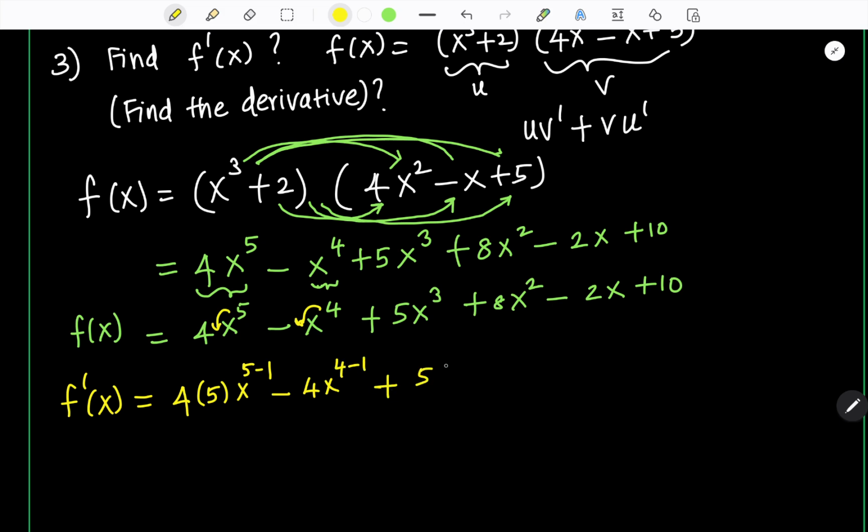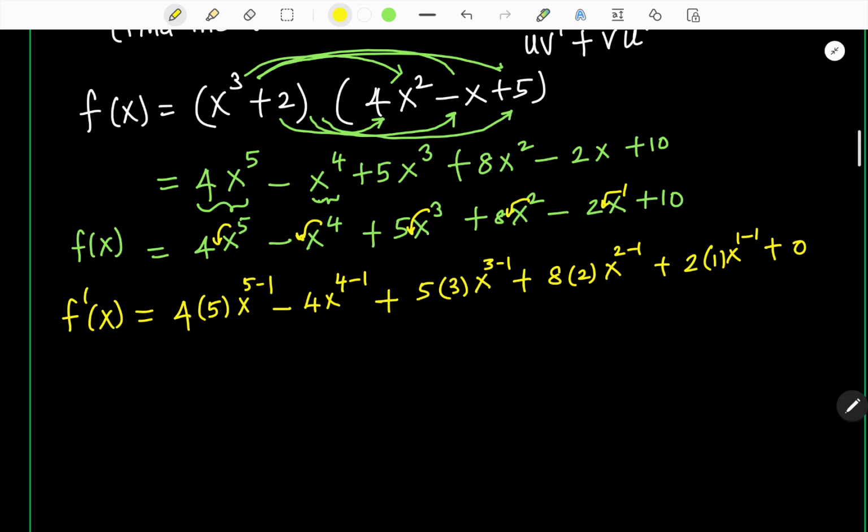Plus 5x cube: 3 will come down, x to the power of 3 minus 1. Plus 8x square: 2 will come down, x to the power of 2 minus 1. Plus 2x: power 1, 1 will come down, x to the power of 1 minus 1. Plus the number, the derivative is 0, I said, for constants.